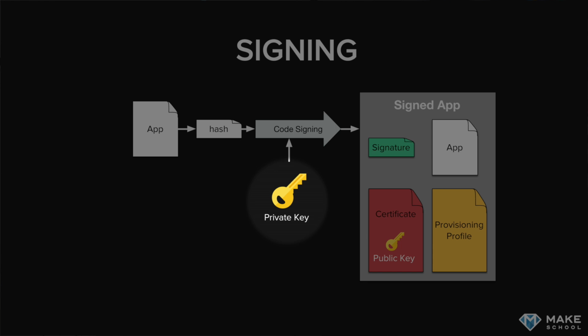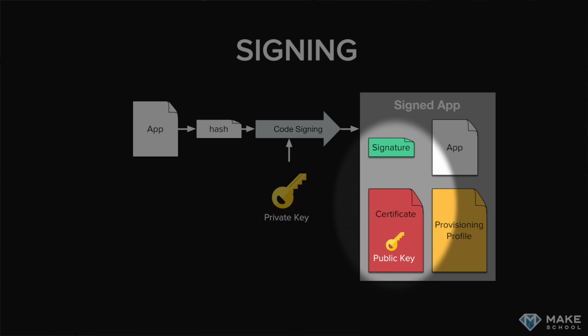Now, when you build an app and you want to submit it to the App Store, the process that happens is you take that app, you generate a hash from that app, then that is code signed with the private key. And this all is packaged up: your app, the signature that is signed with the private key, the certificate that contains the public key, and the provisioning profile. I'm going to talk about that more.